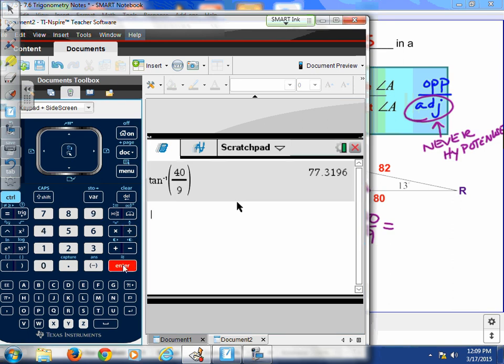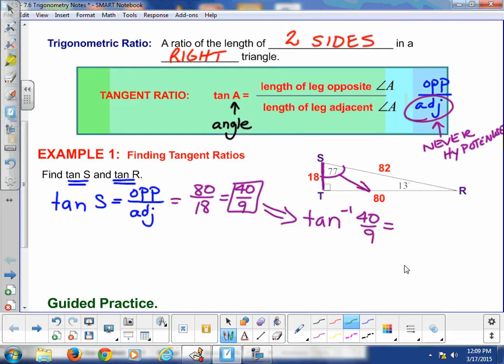And when I hit enter, it'll be 77-ish degrees, and it is 77.3 degrees, which is that angle right there. So it's just a little bit more accurate than that 77 that you see. That is what this whole ratio business means.